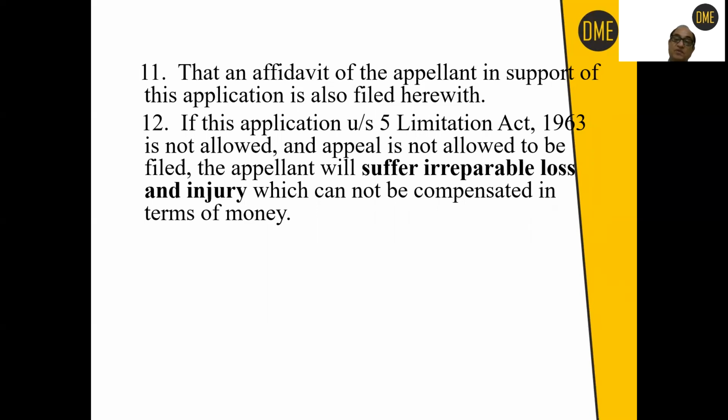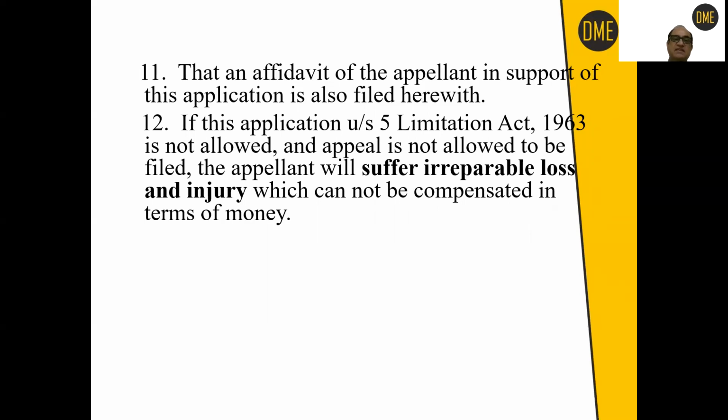So you must mention what is the loss to be caused to you if your appeal is not admitted, or if your application under section 5 of the Limitation Act is not allowed. You must mention this fact also while drafting an application under section 5 of the Limitation Act.